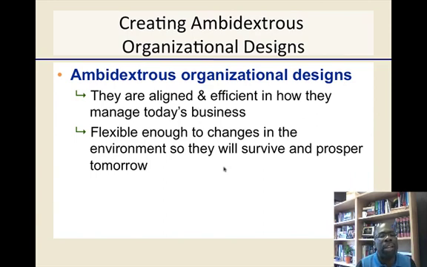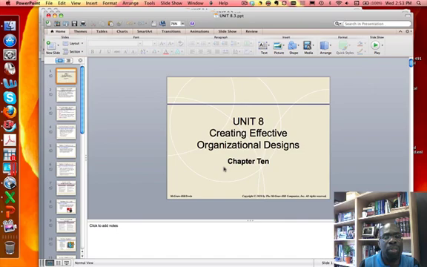And organizations that are able to align themselves and efficiently manage their businesses today, and at the same time are flexible enough to adapt to changes in the environment, are the organizations that are considered to be ambidextrous organizations. And these are designs that have also received a lot of attention recently. Thank you. And that is the end of our discussions for Unit 8.